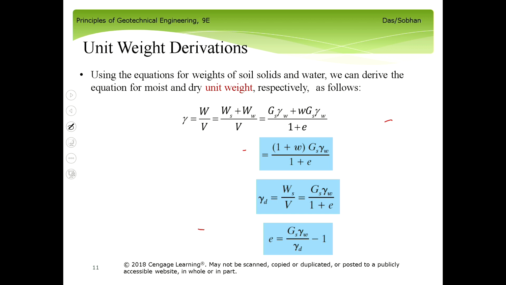So here we got three. These three were included in that table. But why did we get these three? That is from the unit weight, the relationship between unit weight and void ratio, Gs and water content. And the dry unit weight, this one is the most used one, between void ratio and Gs and the void ratio. So how did we get this?